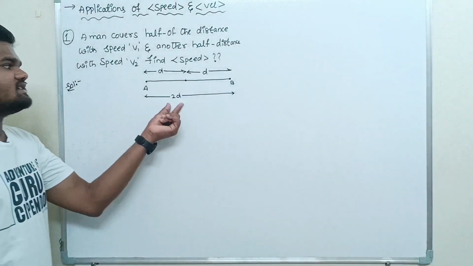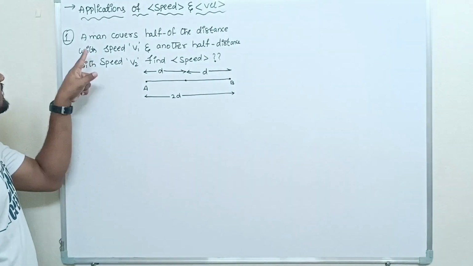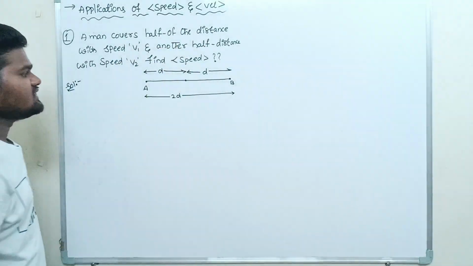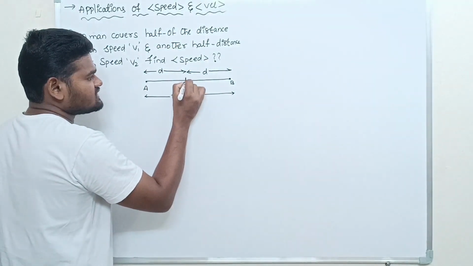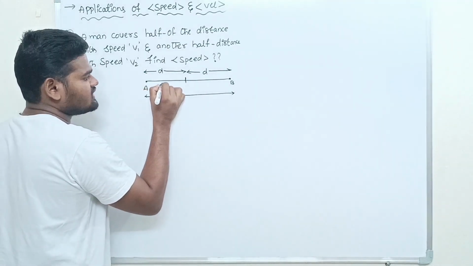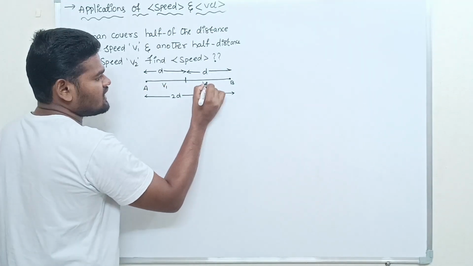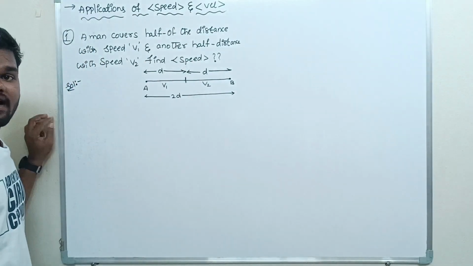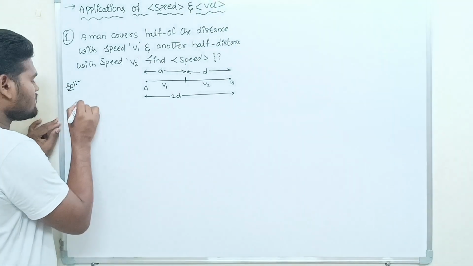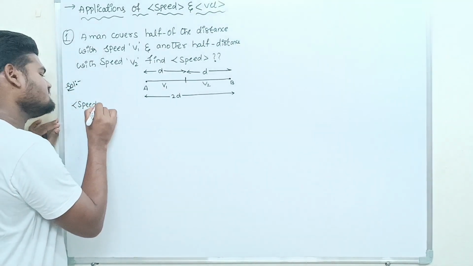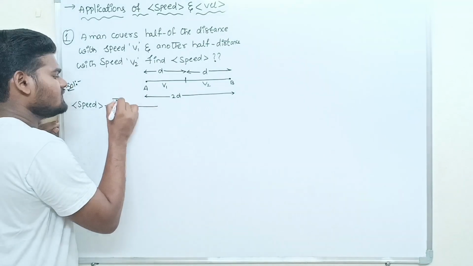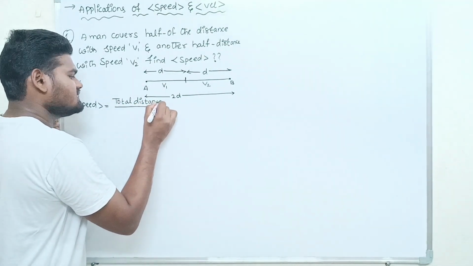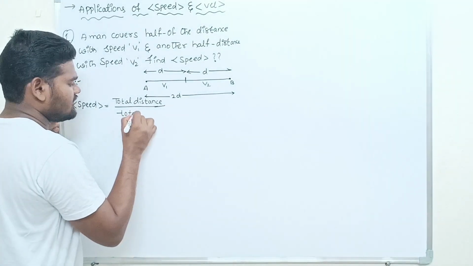The man covers one half distance with speed v1 and the other half distance with speed v2. Now we have to find the average speed. What is the formula? Total distance divided by total time.